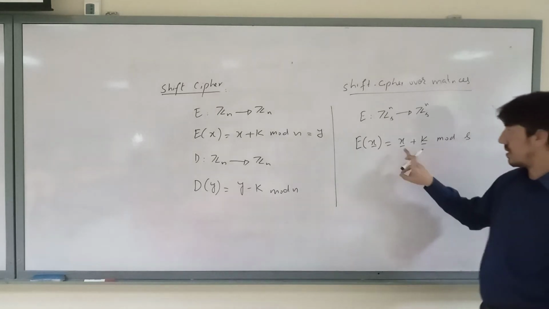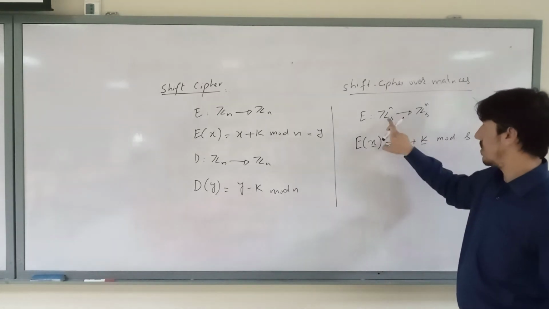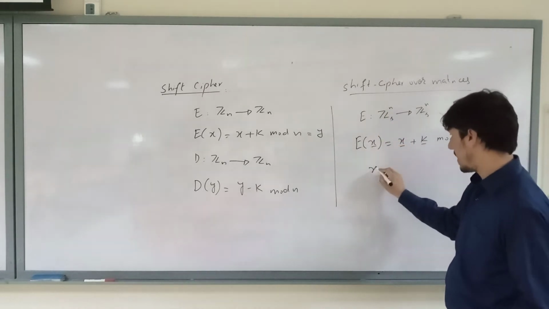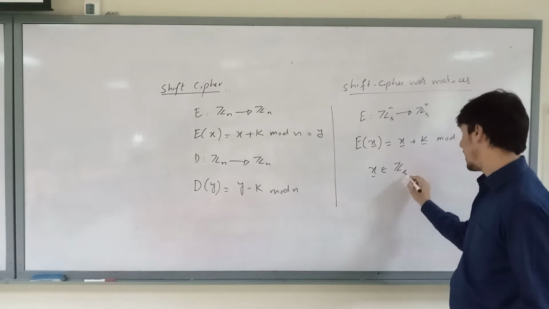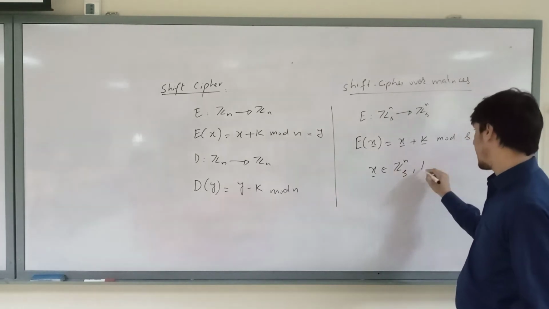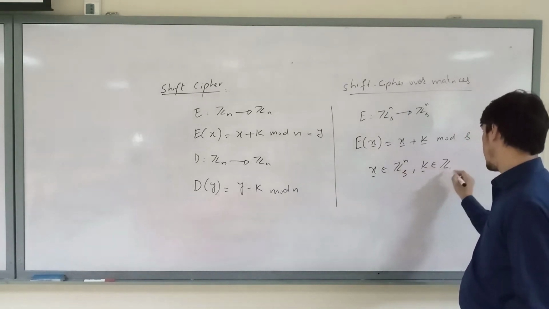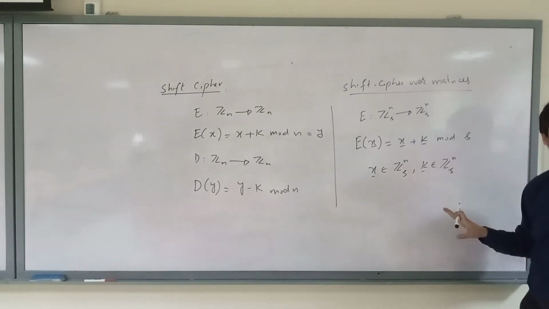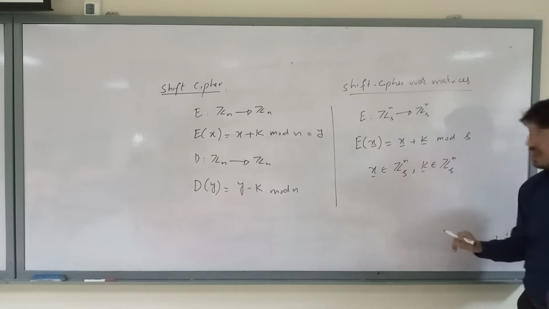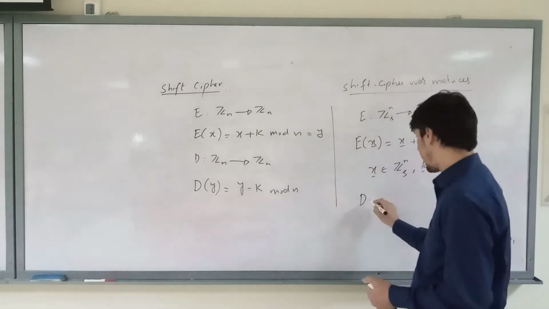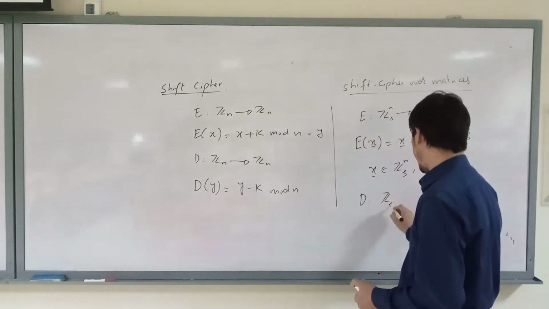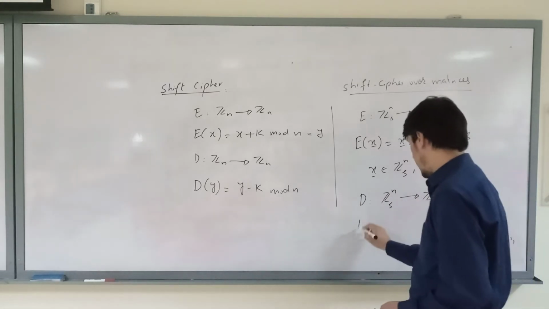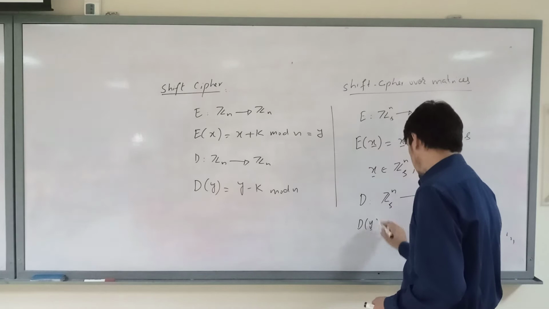If you can see, x and k both belong to the same set. That is, x belongs to Z_s^n, and k also belongs to Z_s^n. It is an n-tuple whose elements are from Z_s. The decryption function is Z_s^n to Z_s^n.